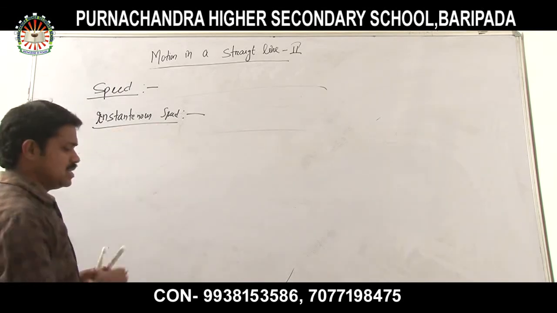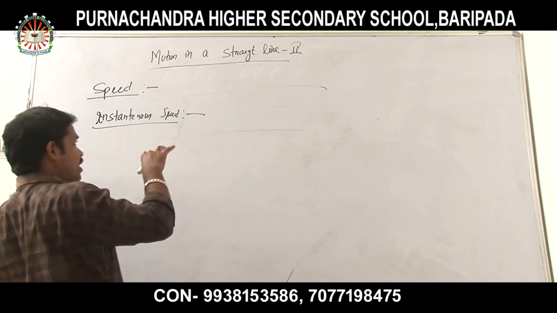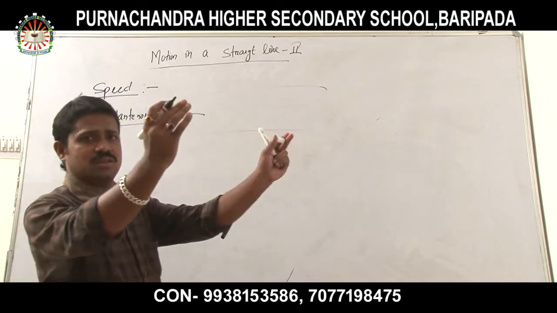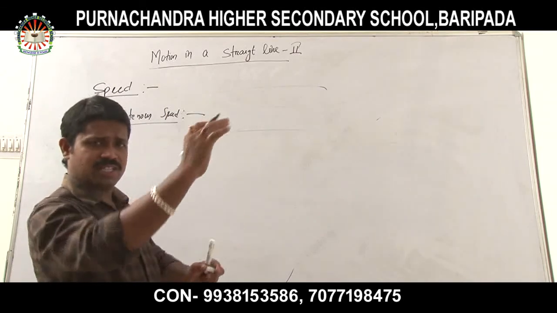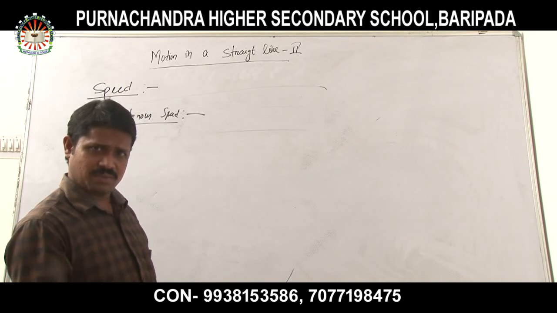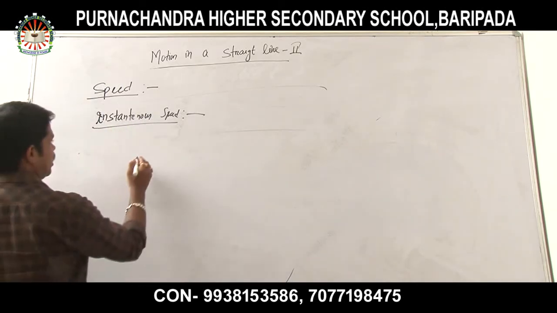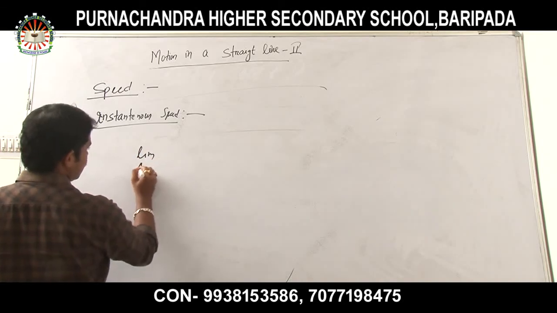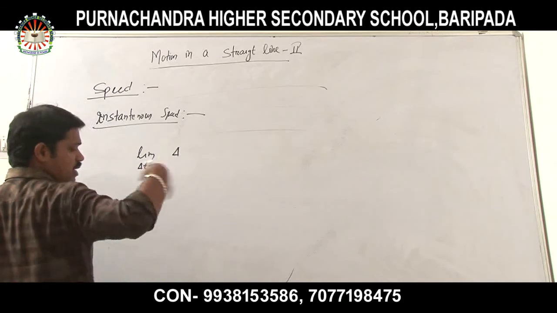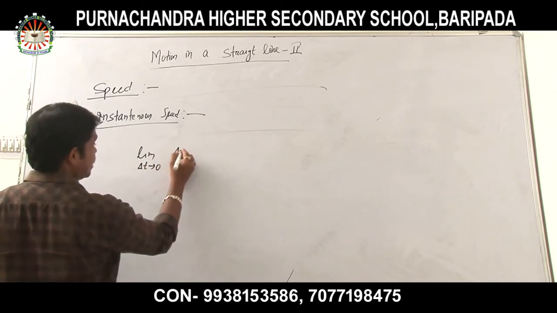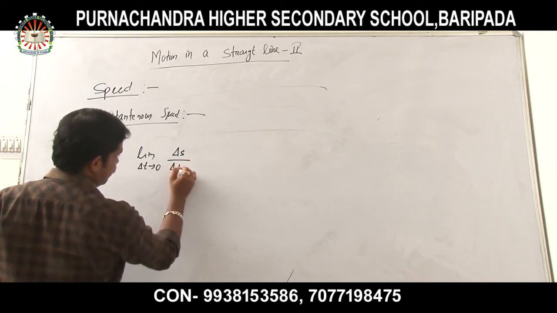And the mathematical representation of instantaneous speed: we know that average speed is total distance covered divided by total time taken, or change in distance divided by change in time. Very simple. So the instantaneous speed is the limit as del t tends to 0 of the change in distance, del s, divided by change in time, del t.